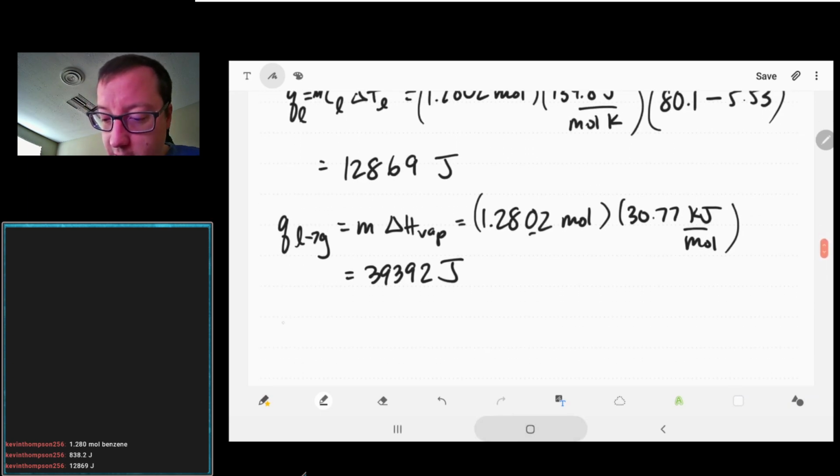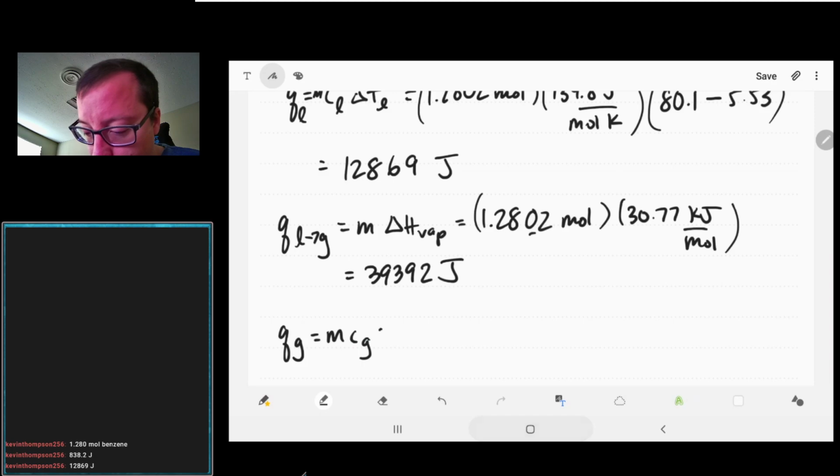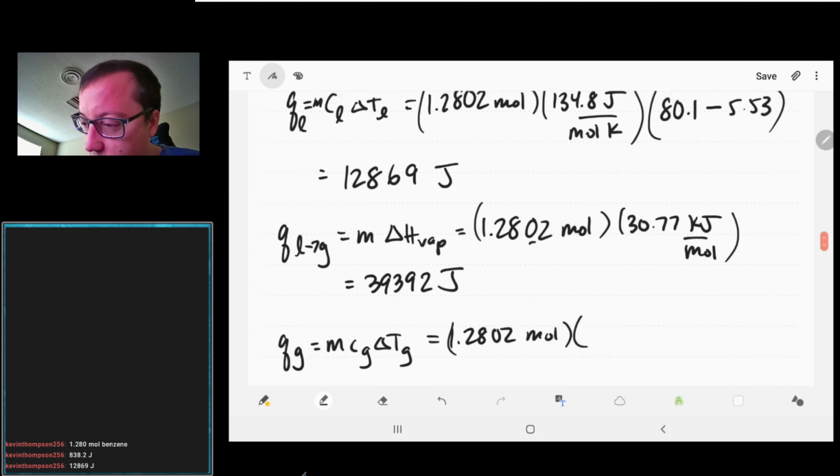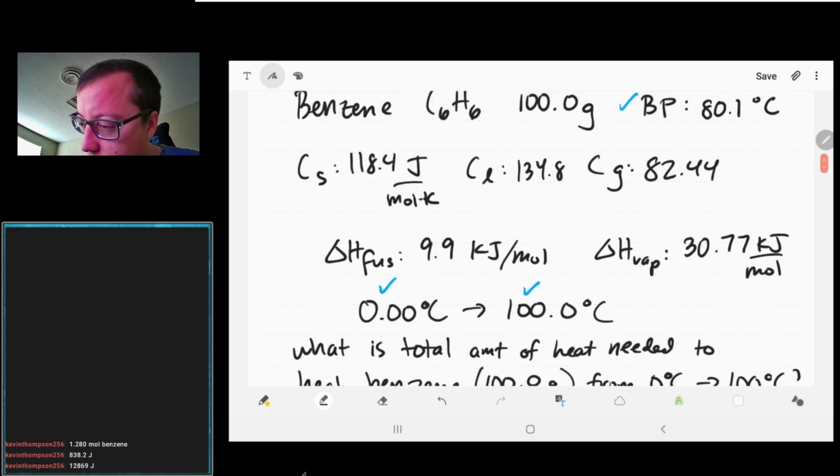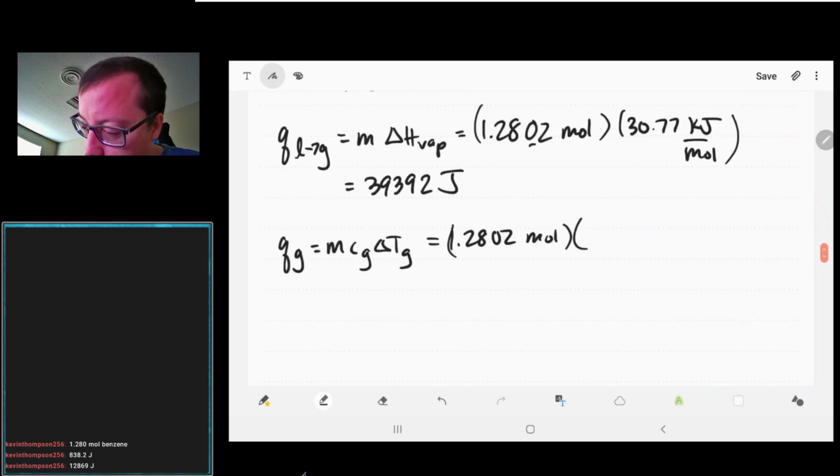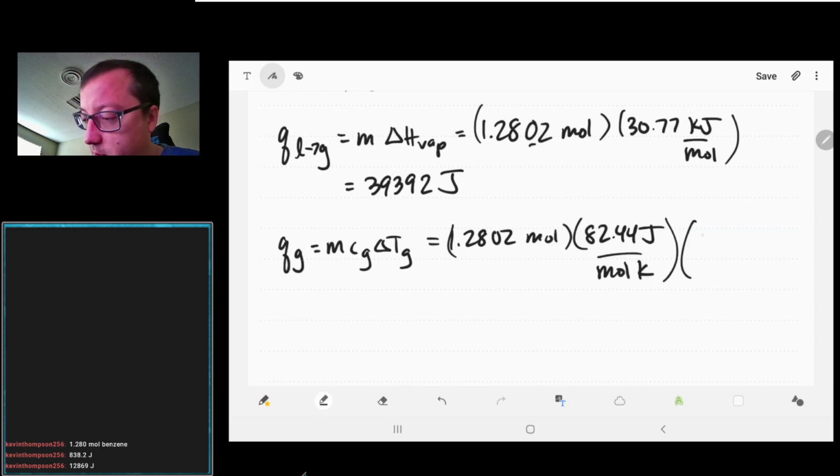Okay, and now we have the last one, Q for gas. Thank goodness we're almost done here. 1.2802 moles. Our specific heat was 82.44. And then our temperature change was 100 minus 80.1.